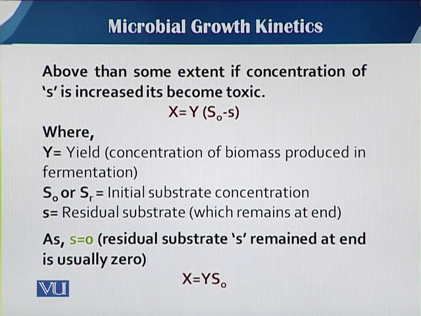If we want a maximum amount of substrate at the initial state, excess of everything is bad. So sometimes a substrate, if we add it in excess, has some toxic effect.